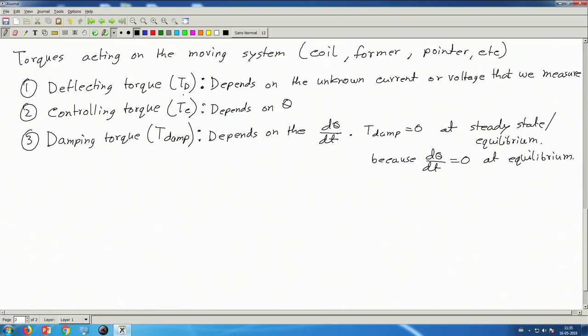Okay. Now, in this video, the last thing that we will do is the equation of dynamics, or the equation of the moving system.